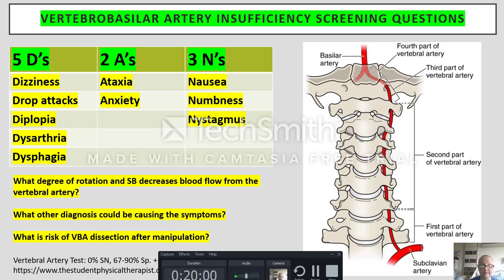Three N's: nausea, numbness, and nystagmus. What degree of rotation and side bending decreases blood flow from the vertebral artery? What other diagnosis could be causing the symptoms? What is the risk of vertebral basilar artery dissection after manipulation?